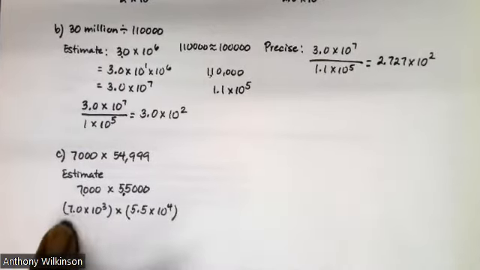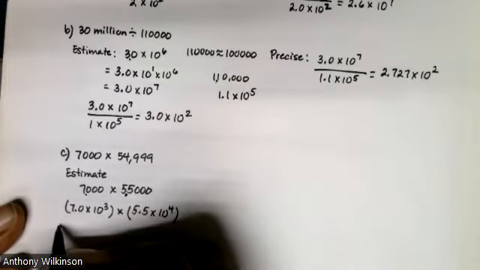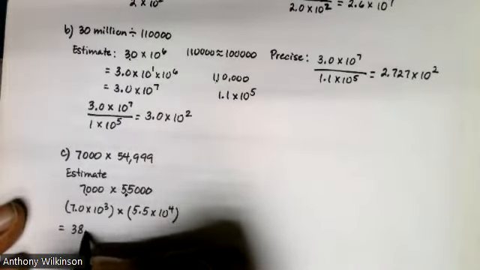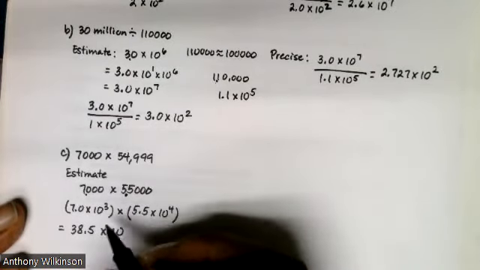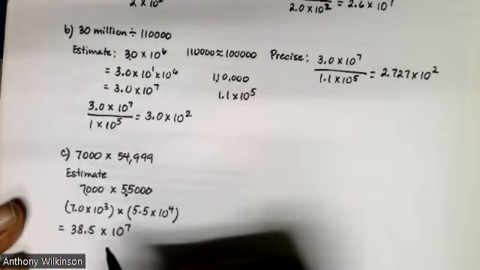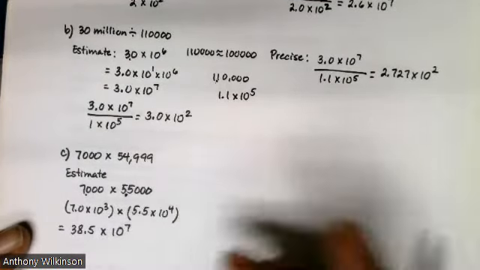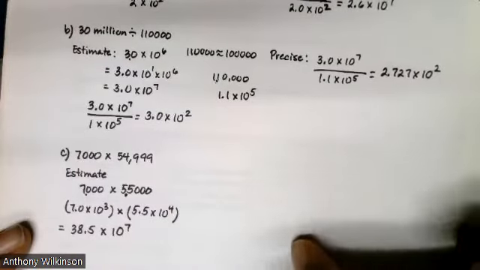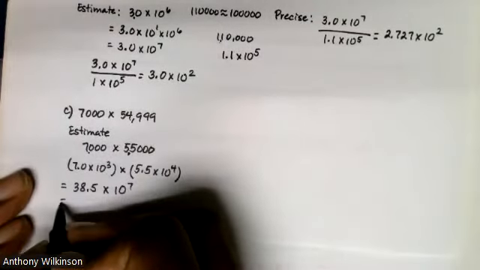All right. Now, if I multiply the 7 times 5.5, that would be 38.5 times 10 to the 3 plus 4, which is 7. But of course, 38.5 is not in scientific notation. So this is what I need to do here.